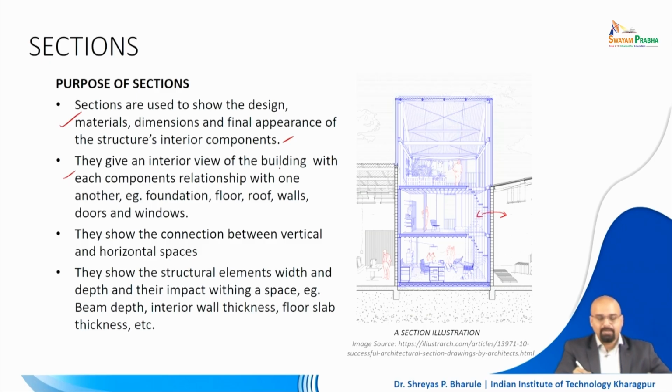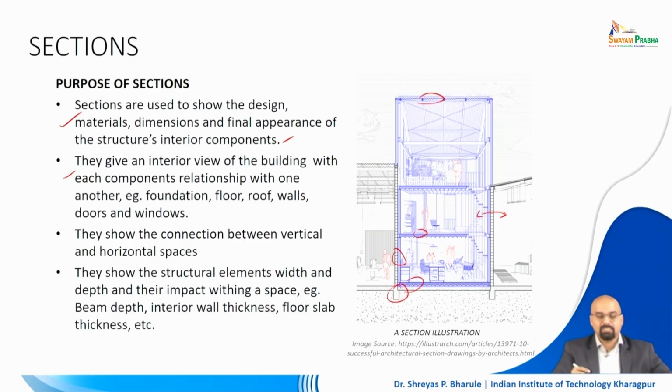Second, you have an interior view of the building with each component's relationship with the other components, right. So you get to know that there is a foundation, there is a floor, there is a wall, there is a ceiling, there is a different type of roof altogether on the top. So how does it all create that complete space that you want to create for your client is what the section does for you, right.